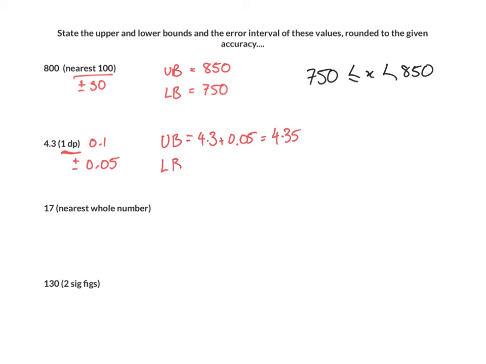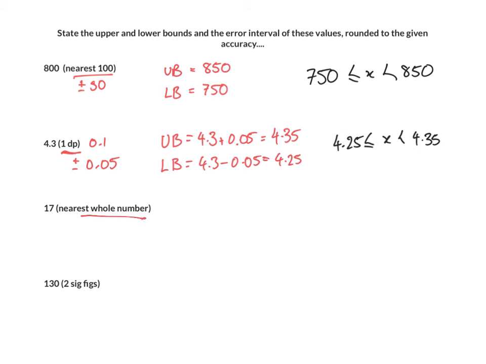And our lower bound is 4.3 minus that 0.05, which is 4.25. And again, if we wanted to write it as an interval, we'd simply say 4.25 is less than or equal to our value x, which is strictly less than 4.35. Actually, we'd round 4.35 up to 4.4, but because we write it like this with the inequality, we can call this our upper bound.